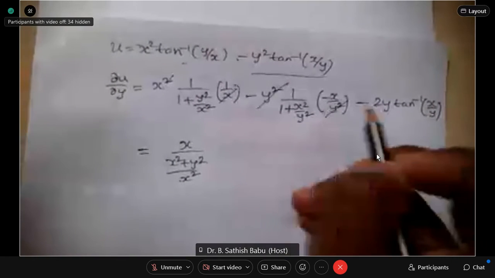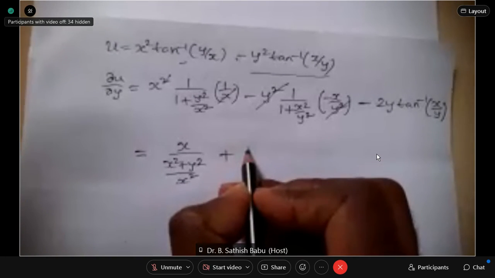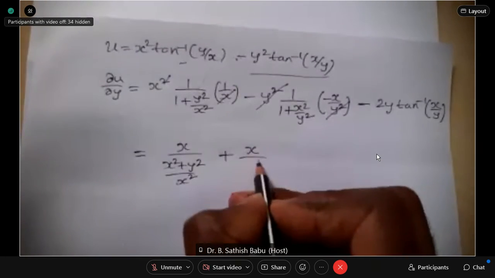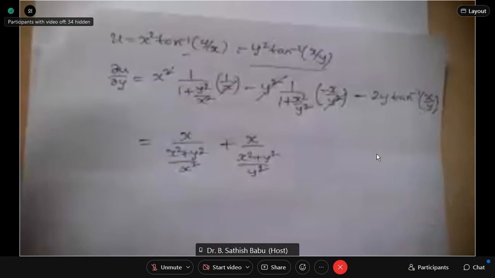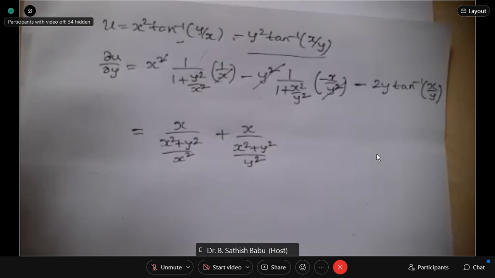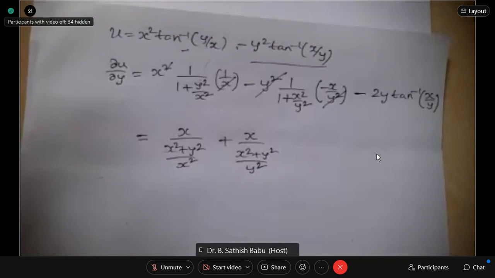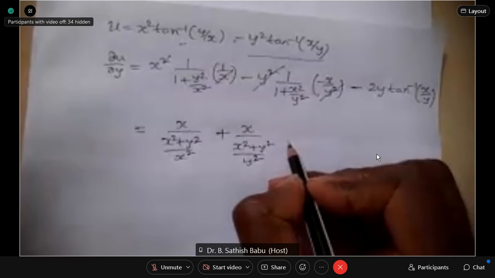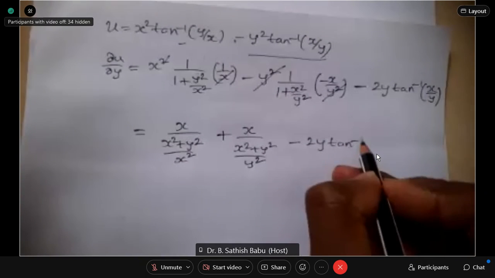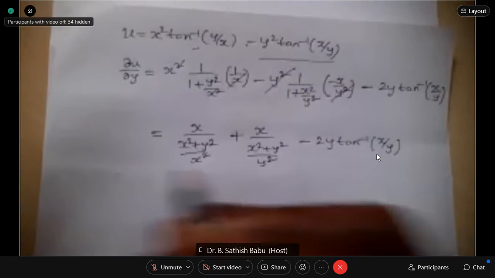y square and y square will get cancelled. It becomes plus x divided by x square plus y square divided by y square. Is it still correct? Yes, sir. Have I missed something, or have I written it correctly?